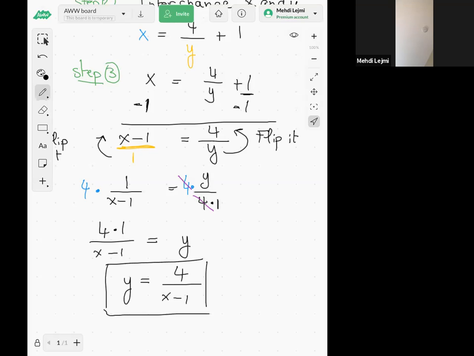So we succeeded in solving for y. This would be your inverse function, f inverse. This is the final answer. So f inverse is 4 over x minus 1.